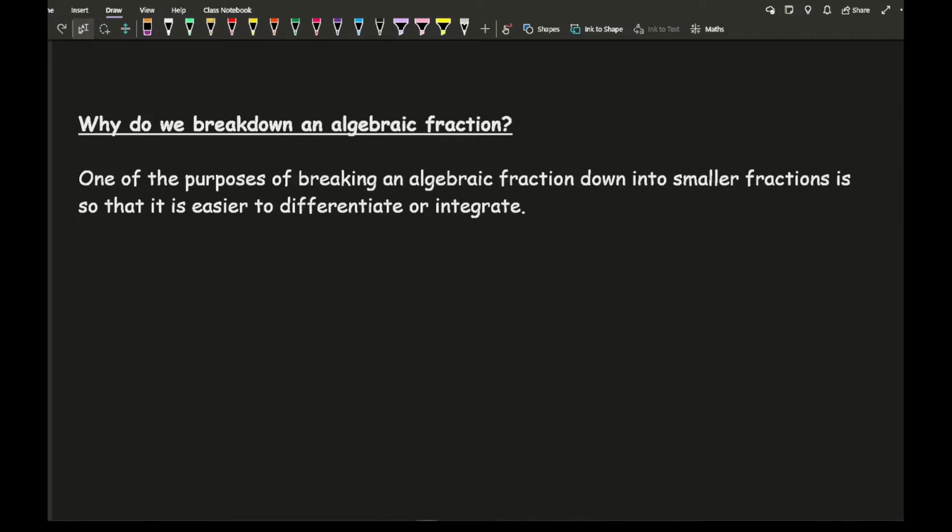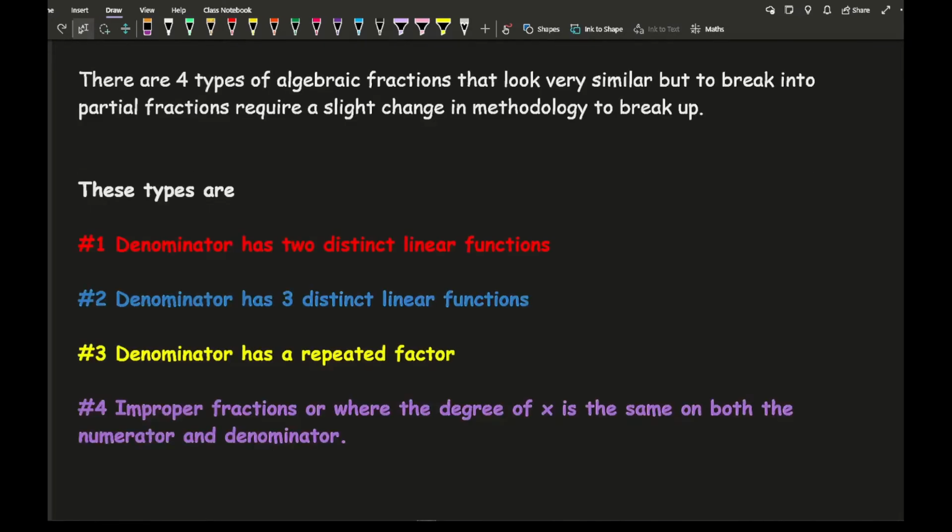So it's really an important aspect, particularly when you're starting a really complex or high level question, because it is heavily linked with other topics in the core side of maths. Now there are 4 types of algebraic fractions that look very, very similar, but to break into partial fractions requires a slight change in methodology.